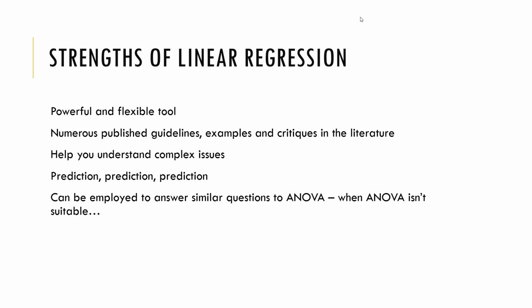It can help us predict, which has a really useful value. And actually, it can be used to explore similar kinds of questions using similar types of data to ANOVA. And sometimes ANOVA isn't an appropriate choice, it's not suitable, and you can turn it into a regression problem instead. So actually it can be really flexible.